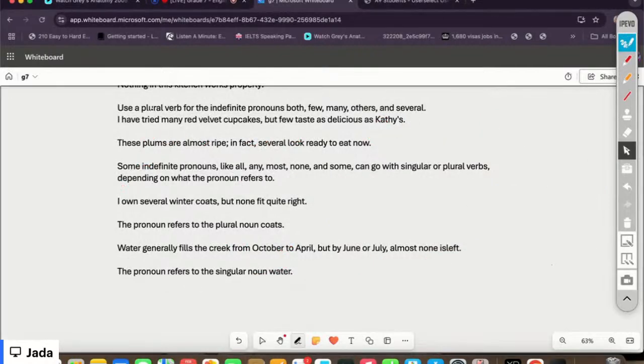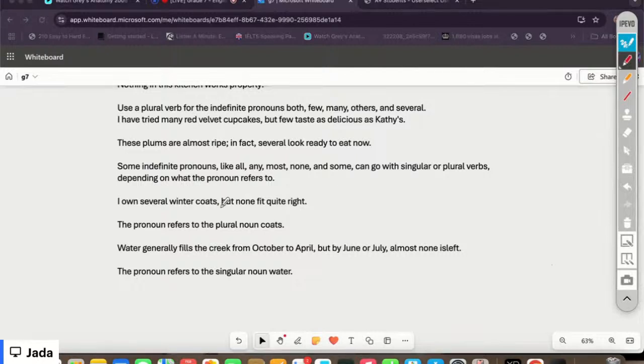So we have, I own several winter coats, but none fit quite well. None, remember, refers to the plural noun coats. Water generally fills the creek from October to April, but by June or July, almost none is left. The pronoun refers to the singular noun water.